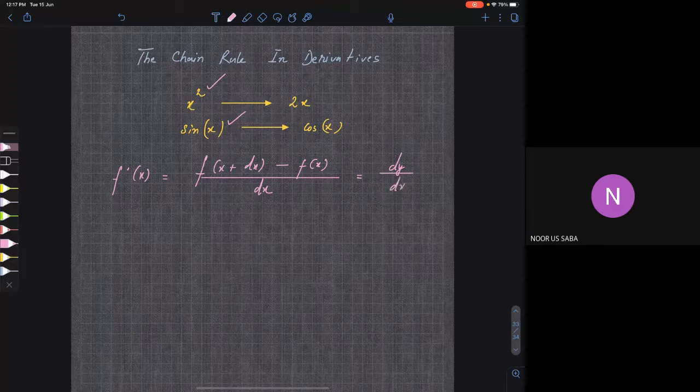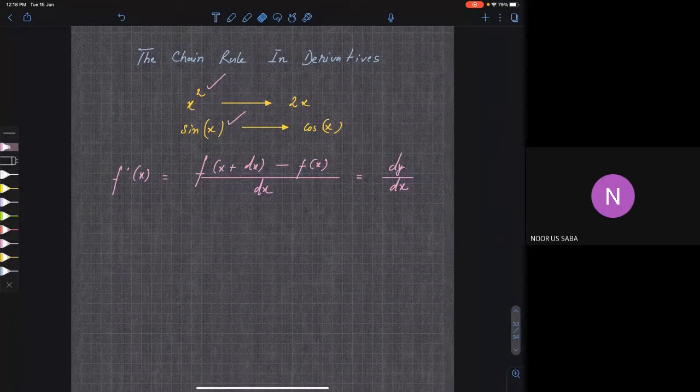It's quite simple why this formula is true, because dx is dx, but dy is f of x plus dx minus f of x, correct? We applied some limits like sin dx by dx is 1. We neglected dx when added. All those things we did and we got these derivatives. Do you agree?